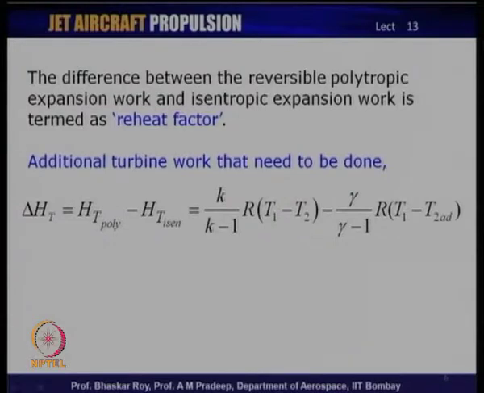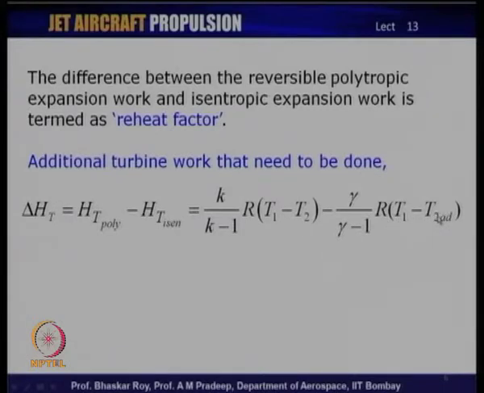Now, this means that if you are to do the same amount of actual expansion work, the additional turbine work that needs to be done is given in terms of delta H t, and that is H t polytropic minus H t isentropic, and that is equal to k by k minus 1 multiplied by R multiplied by T 1 minus T 2, minus gamma by gamma minus 1 R T 1 minus T 2 adiabatic.